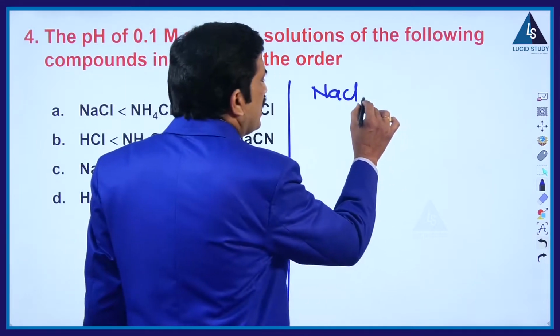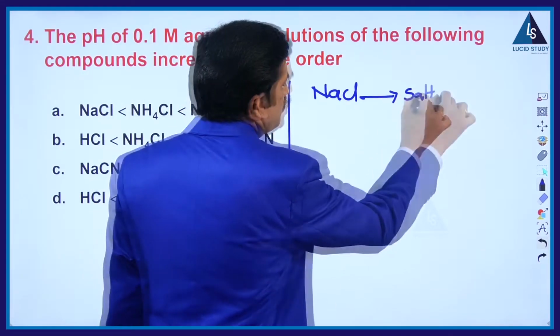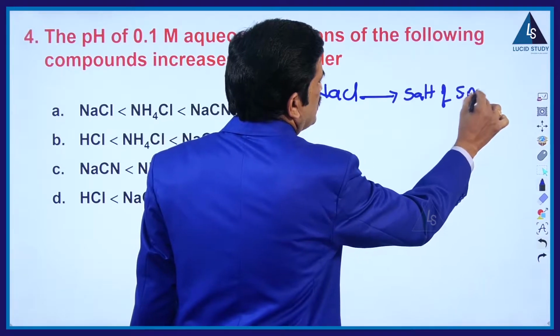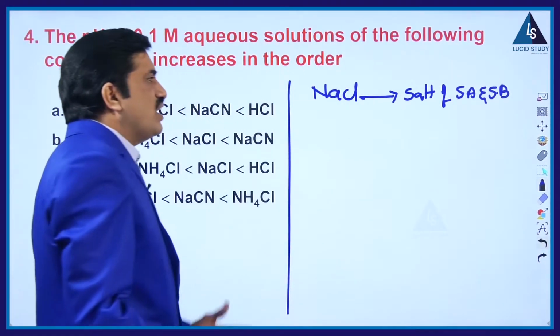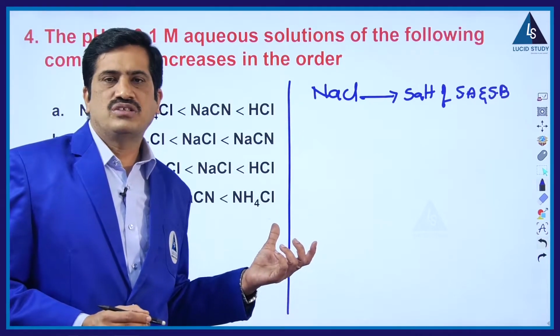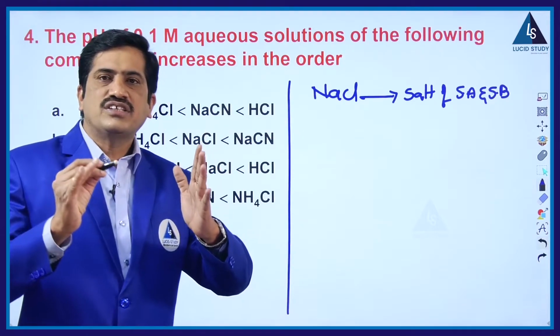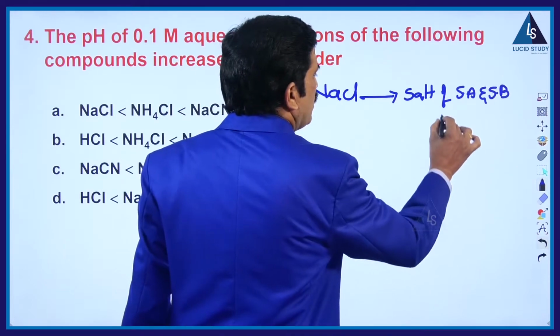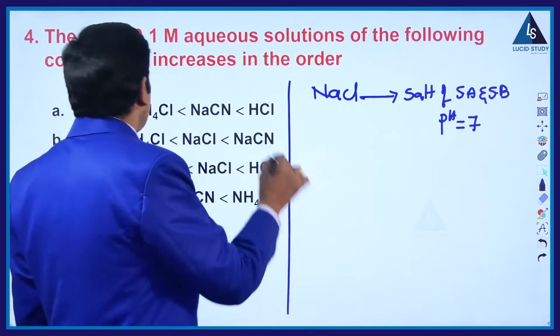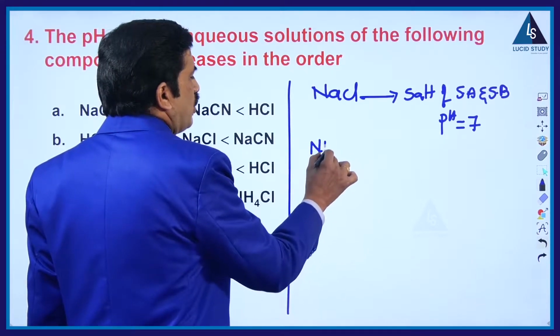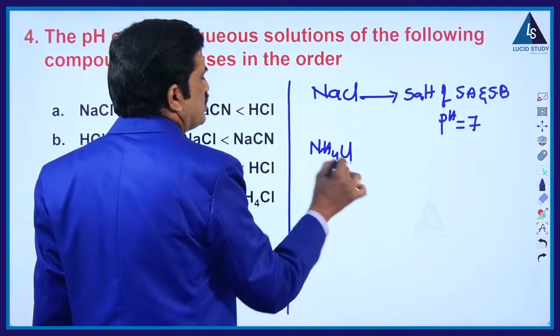Therefore, NaCl is the salt of a strong acid and a strong base. And if you take the salt of a strong acid and a strong base, the pH will be exactly 7. Therefore, the pH of this one is 7.